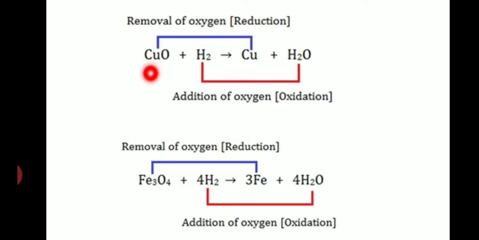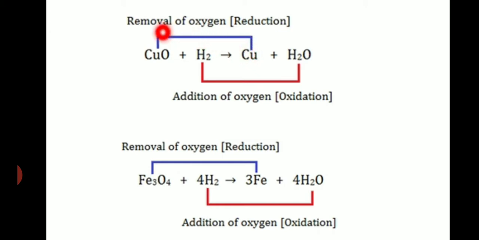So look at the first equation. First compound is copper oxide. That means oxygen is there. So when we look into the product side, copper is alone. That means oxygen is removed from copper oxide.